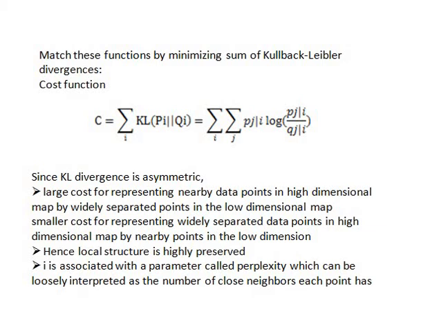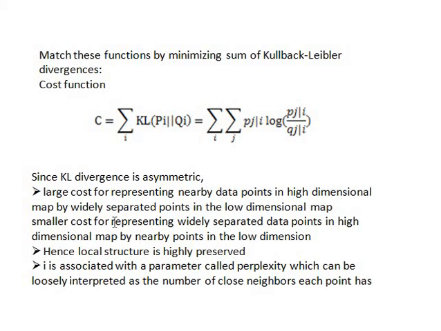Here we use Kullback-Leibler divergence as a gradient function. This is the formula for Kullback-Leibler divergence. It is nothing but a cost function. We can treat this cost function as a loss function also. A large cost is for representing nearby data points in the high dimensional map by widely separated data points in the low dimensional map.